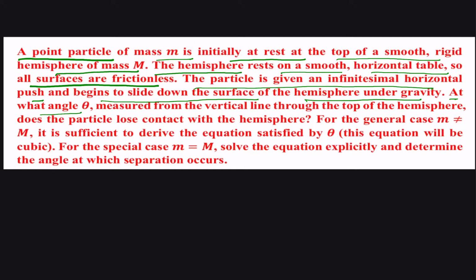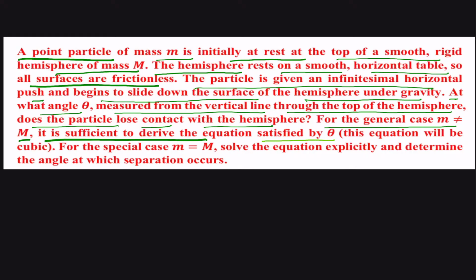At what angle theta, measured from the vertical line through the top of the hemisphere, does the particle lose contact with the hemisphere? For the general case m is not equal to capital M, it is sufficient to derive the equation satisfied by theta.